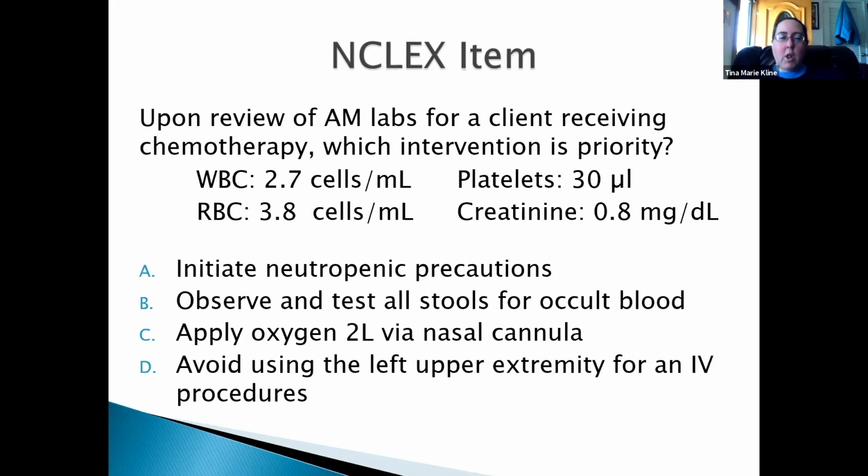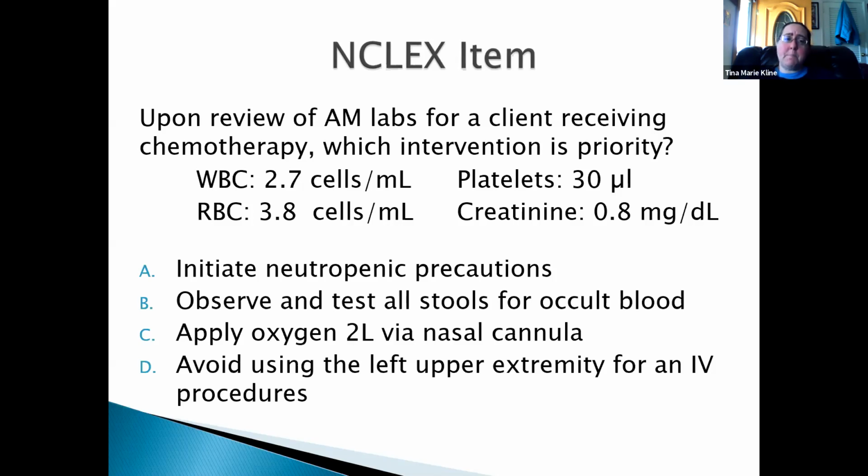So I don't have the hemoglobin in front of me, but I know with a red count of 3.8, my patient's probably in the 10s for a hemoglobin. So that's not critically low. There's no indication that she really needs oxygen right now to maximize that because her hemoglobin isn't critically low. So I can eliminate C.